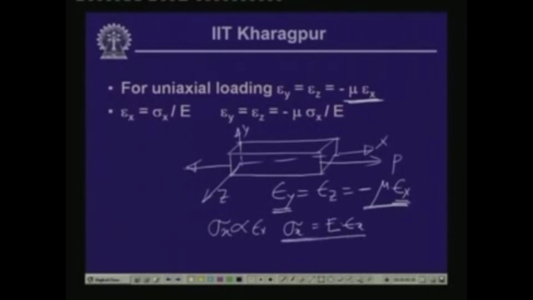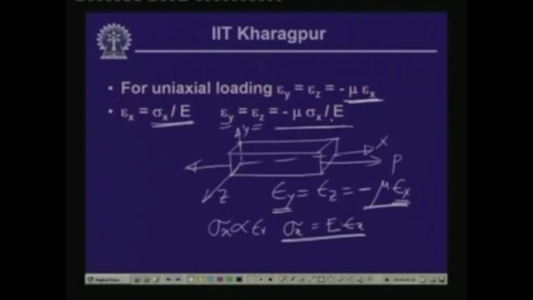Thereby, the strain epsilon x equals sigma x by E. Hence, the strain in the transverse direction, epsilon y or epsilon z, in terms of the axial strain equals minus mu epsilon x. In place of epsilon x, we substitute sigma x by E, which gives us minus mu sigma x by E.